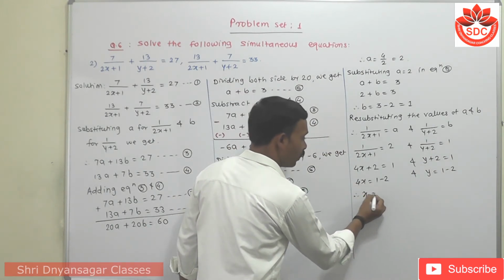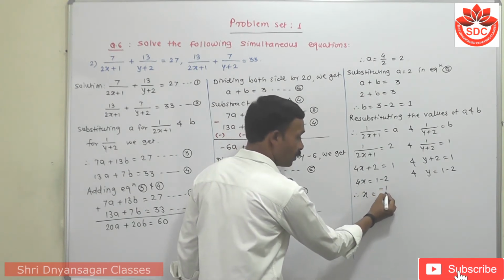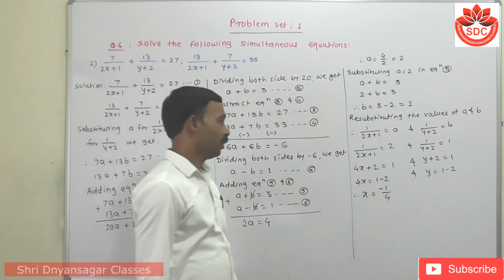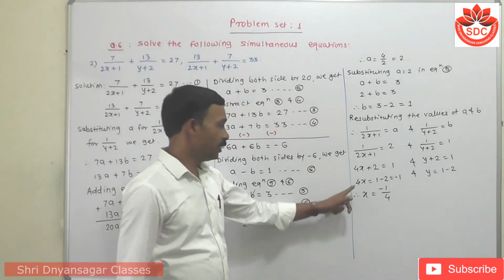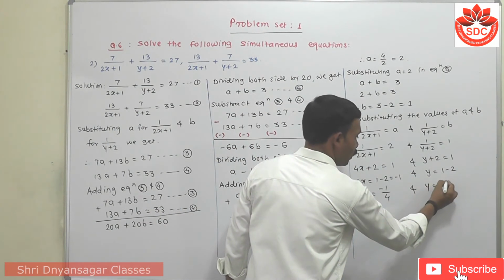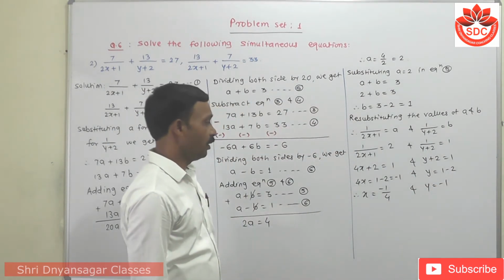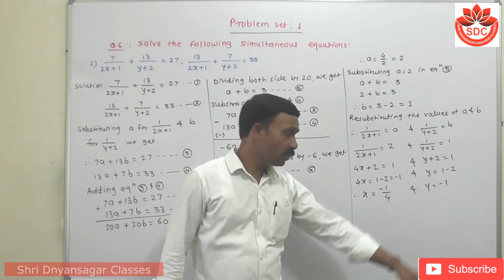Therefore x is equals to, 4 goes to the denominator, the subtraction becomes minus 1 upon 4. Also here we write minus 1. Then y is equals to how much? Minus 1.